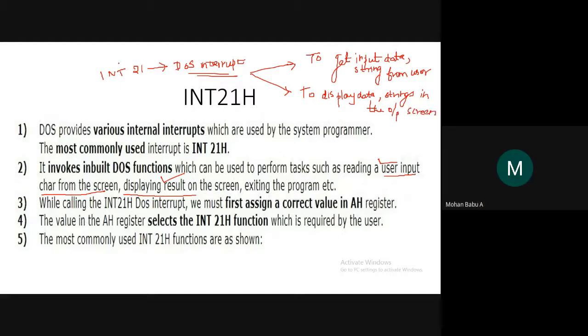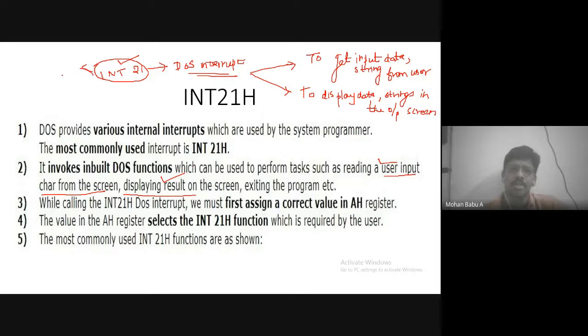we need INT 21. This DOS interrupt has a set of commands, a set of instructions or codes, to get data or strings from users and also to display the data and strings in the output screen.